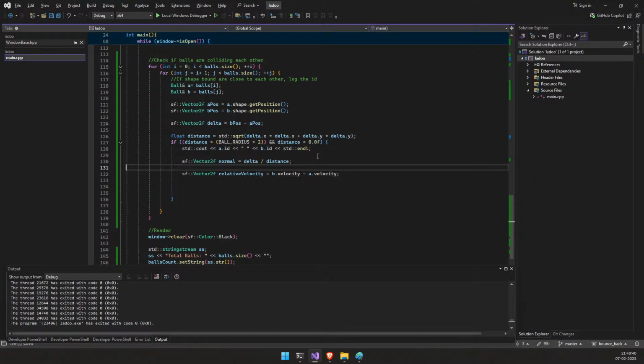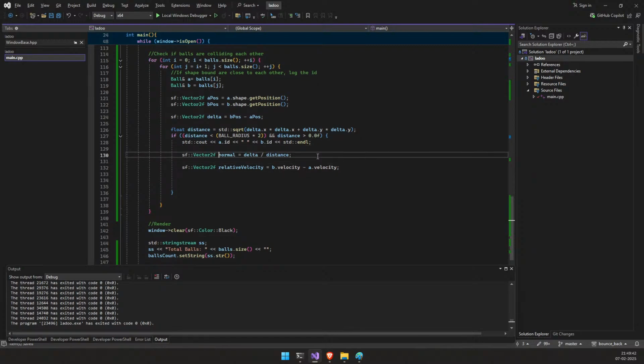The normal is calculated as the normalized direction vector pointing from ball 1 to ball 2. This is the vector that points from ball A to ball B. And this is the relative velocity between them.